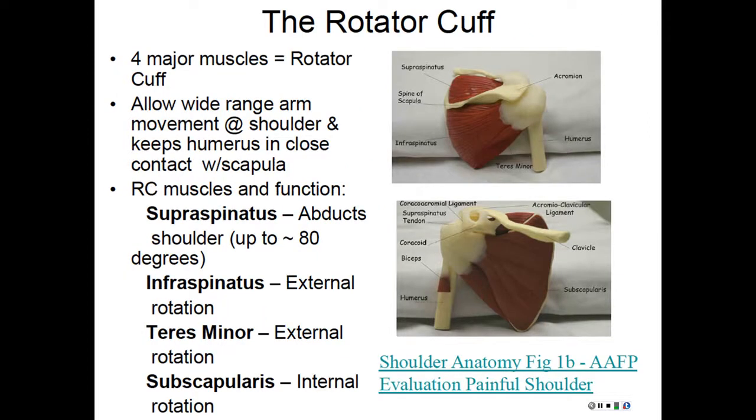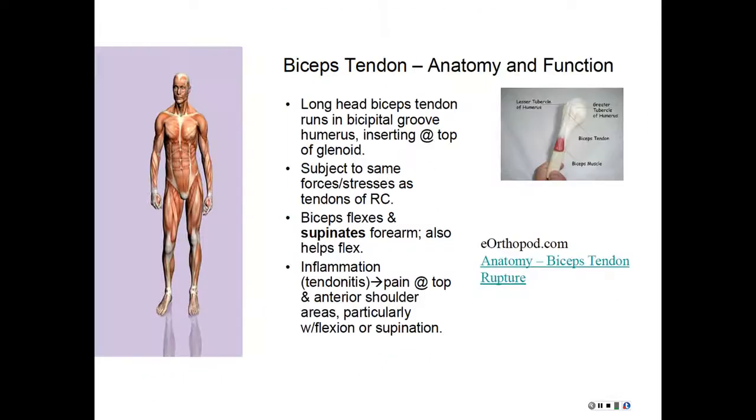So here you go. This is how much that they will move, and it's on the video, so I'm going to keep going. Bicep tendons, and you've got your greater and lesser tubercle of the humerus that are listed, and this is just a review of anatomy.